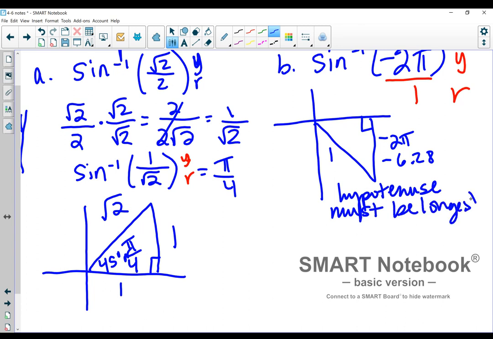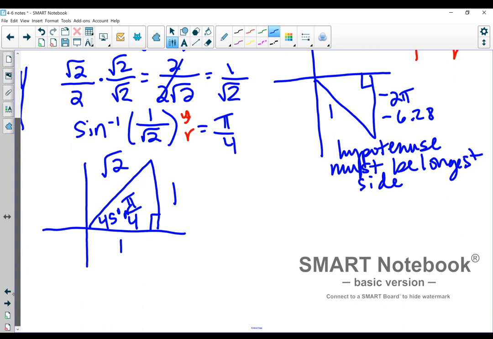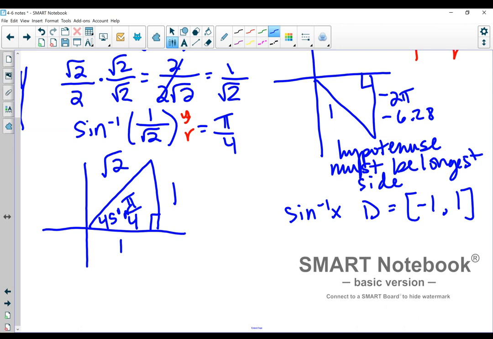So that's a clue. Another clue is that when I think about what we wrote down for our domain for sine inverse, our domain was from -1 to 1. And -2 pi is way outside of that. It's not within that. So this is just going to be, this does not exist. So watch out for stuff like that.